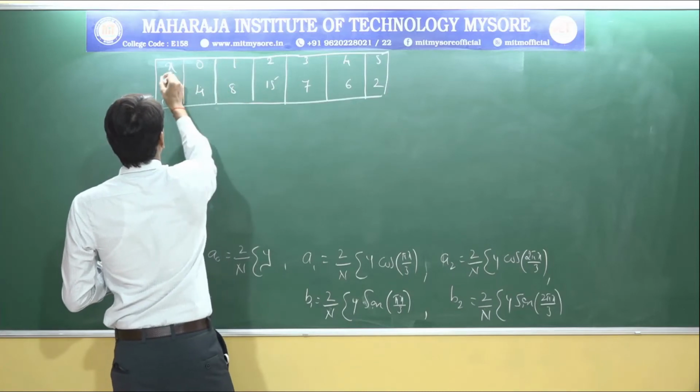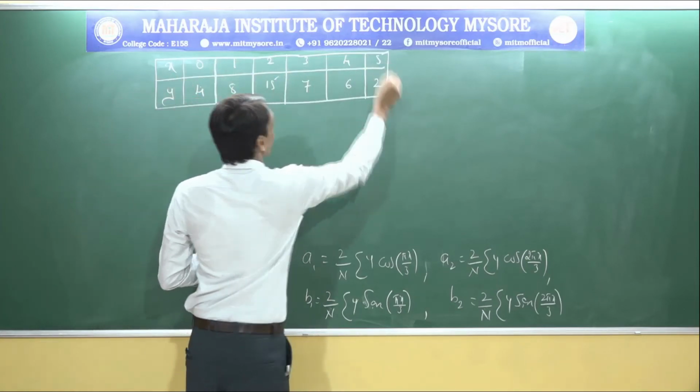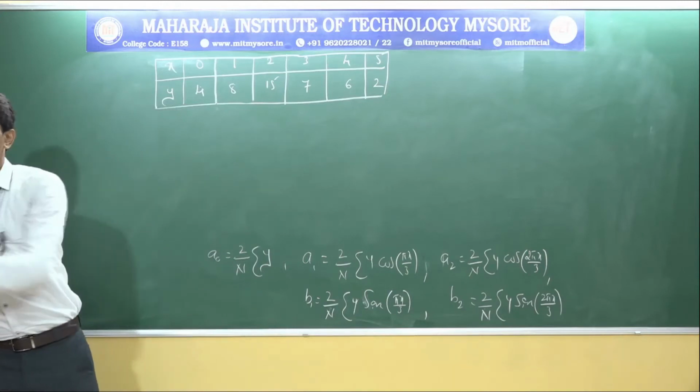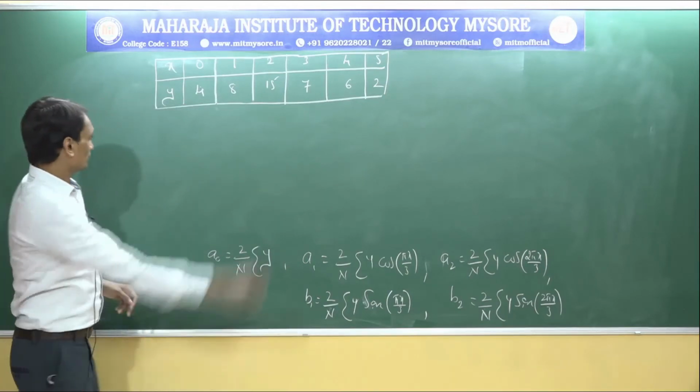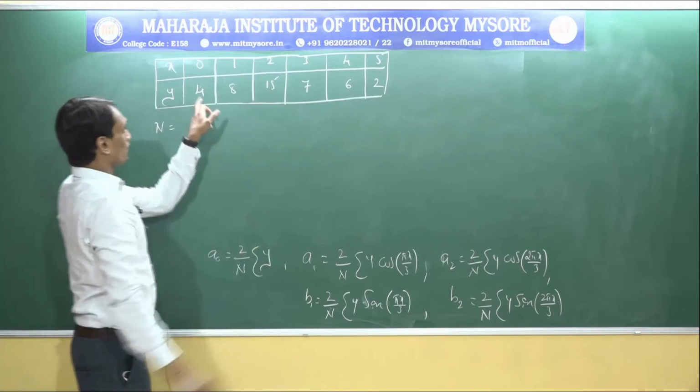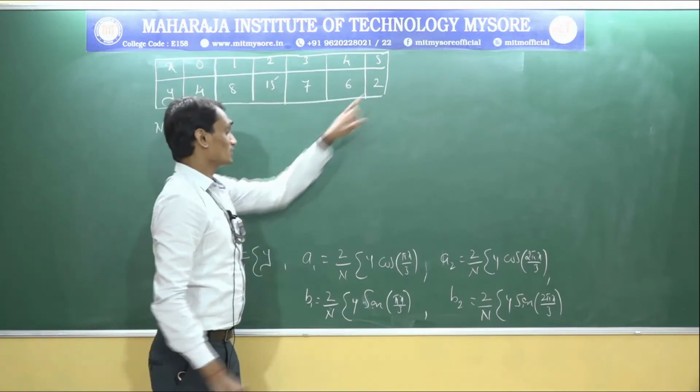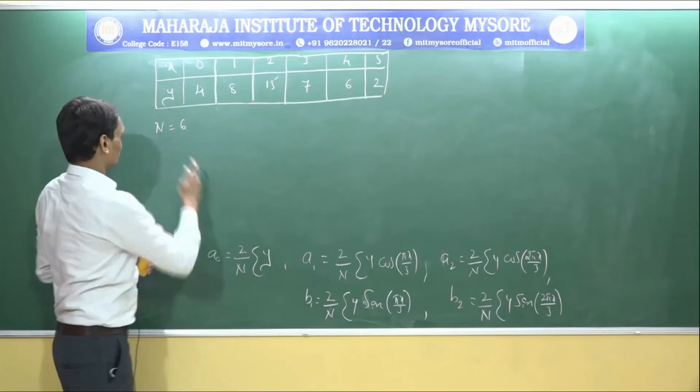These are all the x and y values. The first thing is the summation of y. I'll substitute n equal to the number of terms, 1, 2, 3, 4, 5, 6. So n equal to 6.